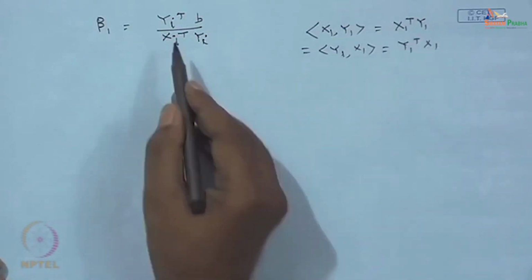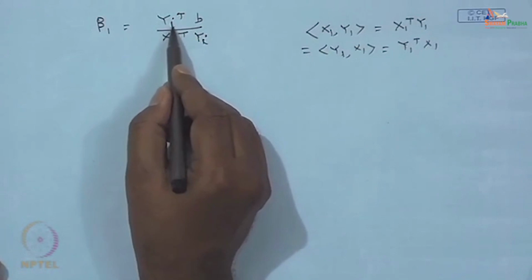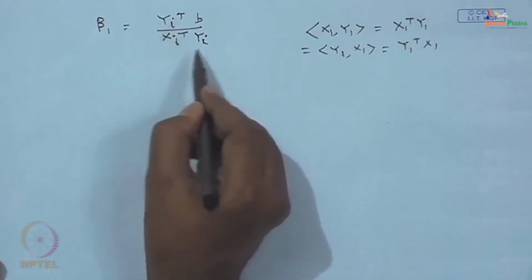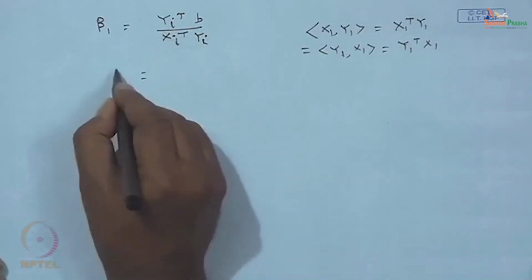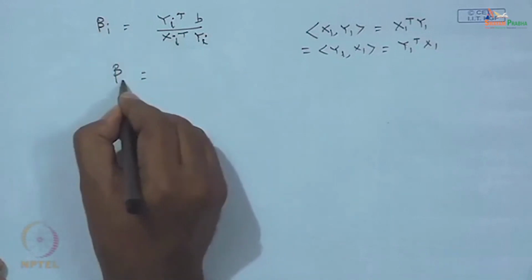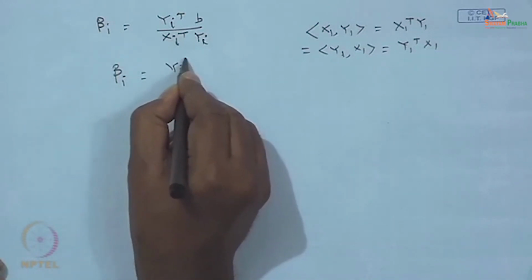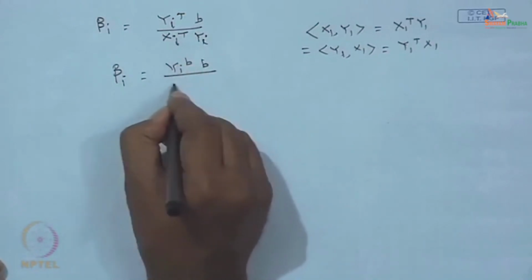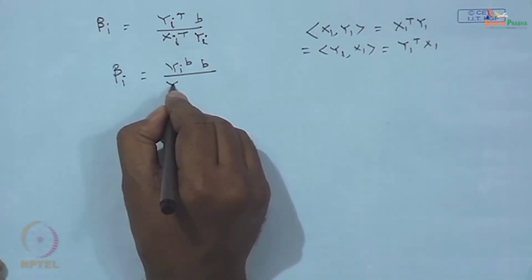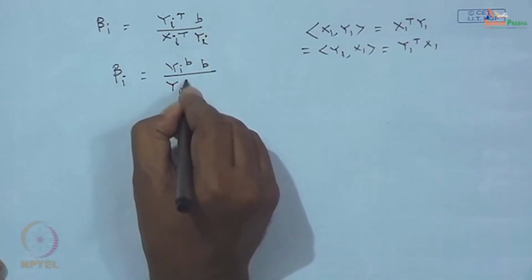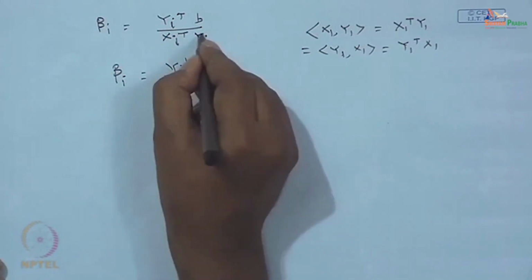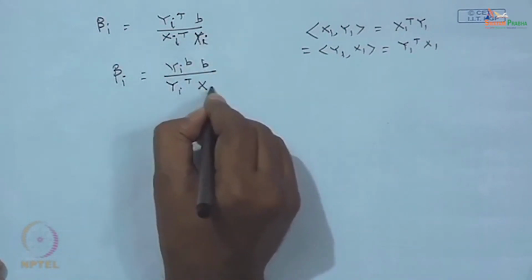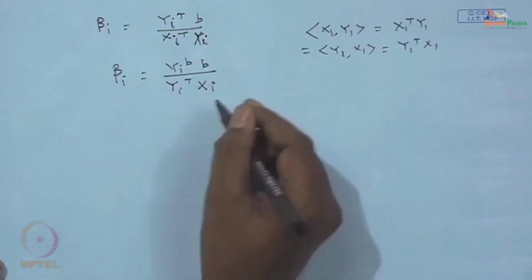So, therefore, since this is in the form of y j transpose, we can write it in a more generalized fashion: y i transpose b divided by y i transpose x i.